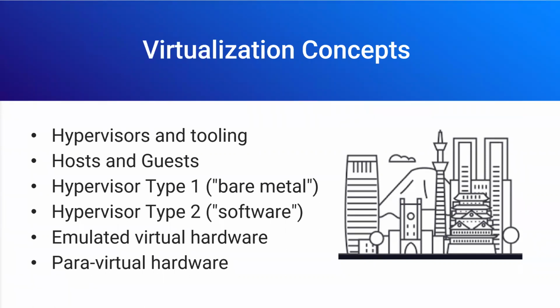The first is with emulated virtual hardware, and that's where you take a very well understood, long supported piece of actual hardware, for example, an Intel E1000E gigabit network card, and you emulate that. So in the guest operating system now, you just tell it, hey, you've got an E1000 NIC. It uses its built-in E1000 driver.